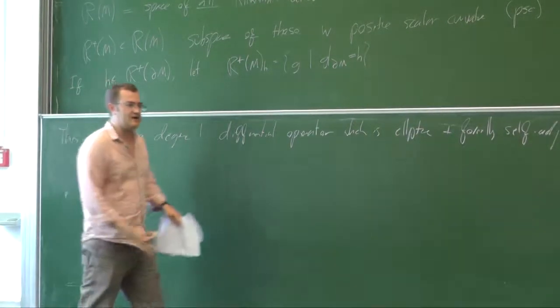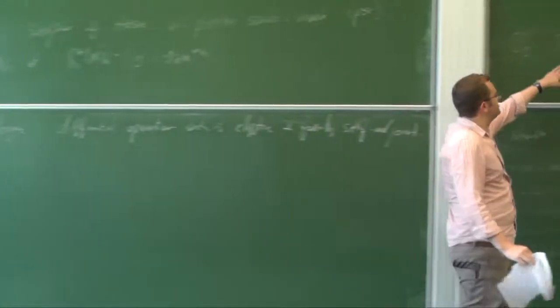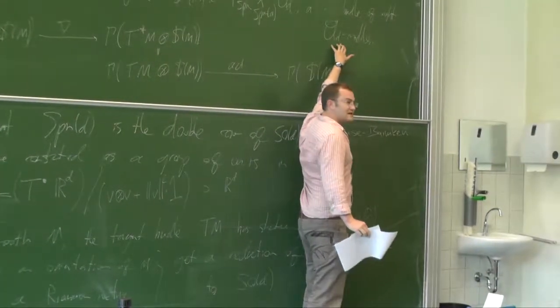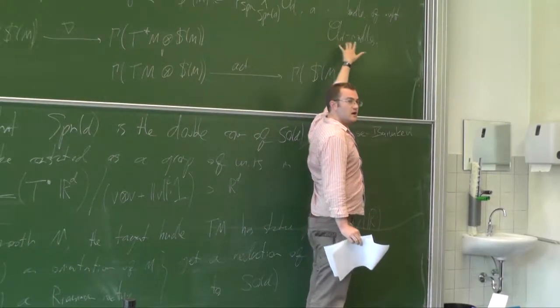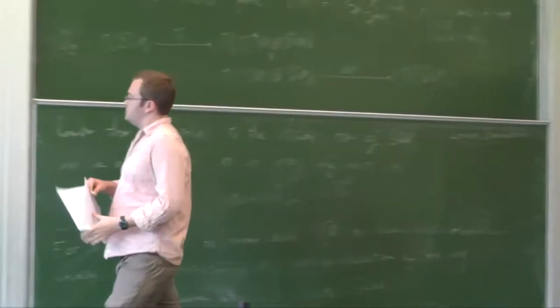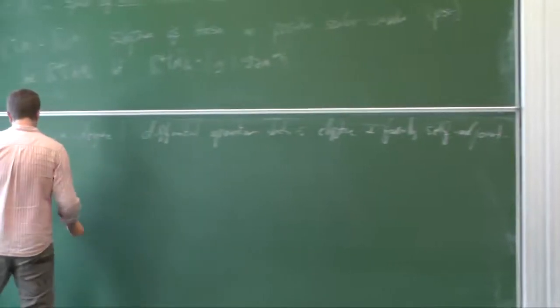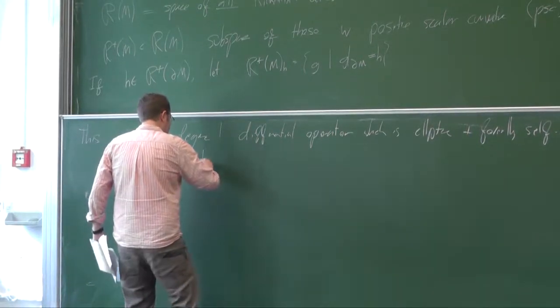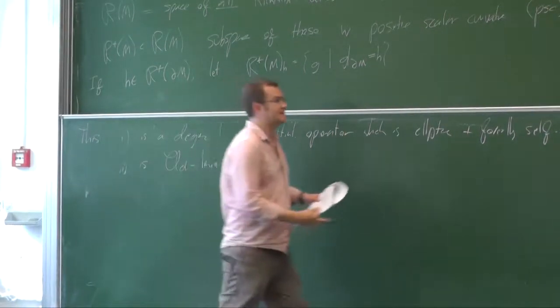Just as a matter of linear algebra, it's sections of a bundle that had this extra Clifford multiplication defined on it. And so it also has a pointwise Clifford multiplication defined on it. And so it is Cl_d linear with respect to this multiplication on this space.